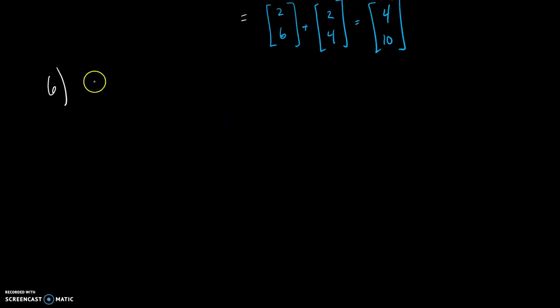So what we have here is (C plus D) times U is equal to C times U plus D times U. So we have (C plus D)U is equal to CU plus DU.